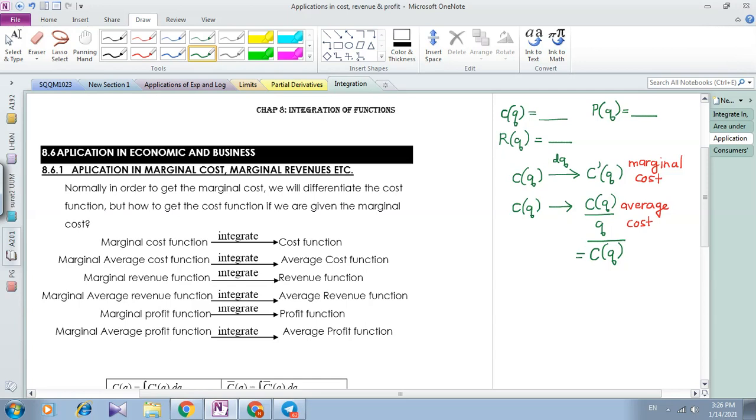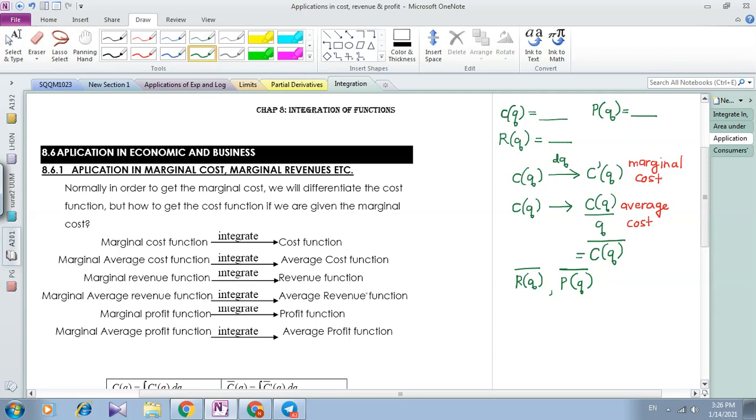If you are going to find average revenue, then the function R divided by Q, so average revenue is denoted by this notation, and average profit is denoted by this notation, with the bar sign.